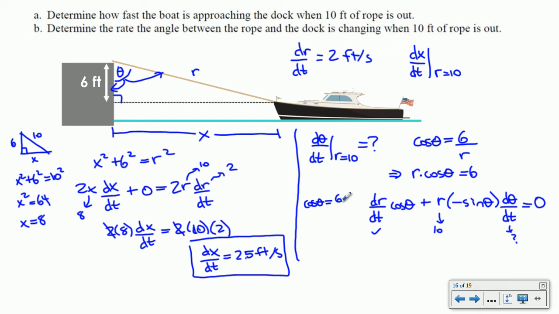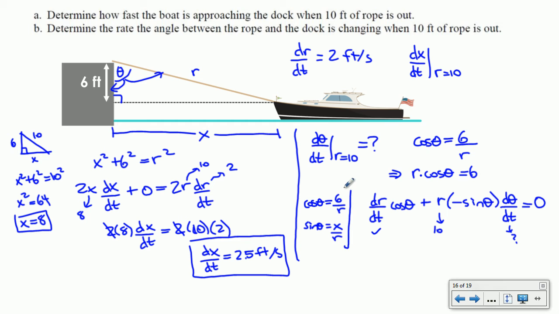So 6 over r, that's adjacent over hypotenuse. And for sine, it is defined as opposite over hypotenuse. So that would be x over r. And we know r is 10 in this case, and x, as we found out earlier, was 8.